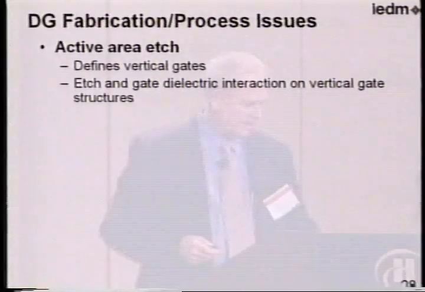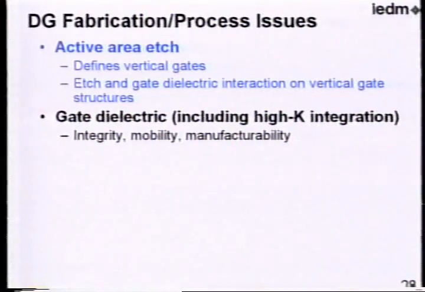But what are the overall problems with the double gate technology? It's getting this active area etched, where it defines the vertical gate, and the gate electrode itself has to be defined later, which is not insignificant. The gate dielectric, of course, still has to be considered.